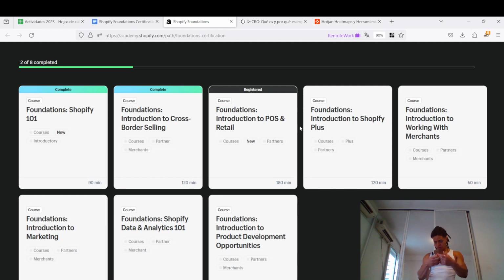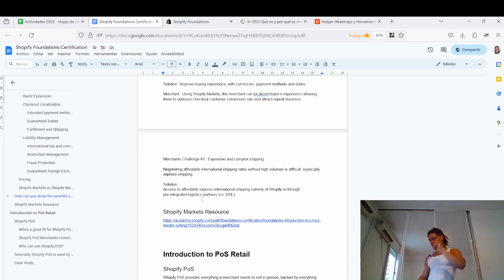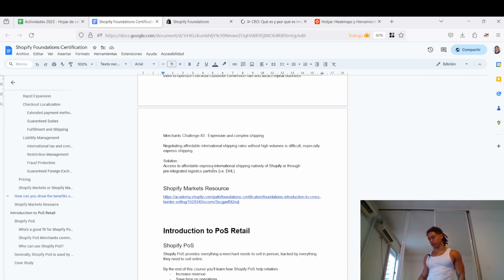Well, it shows you native shipping options as well as adding logistics third-party partners to the platform. Makes a lot of sense. For example, DHL.